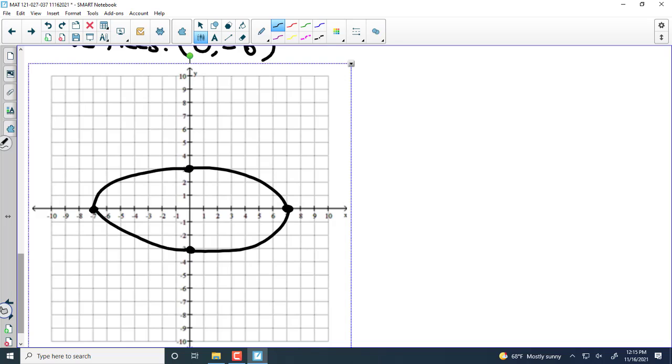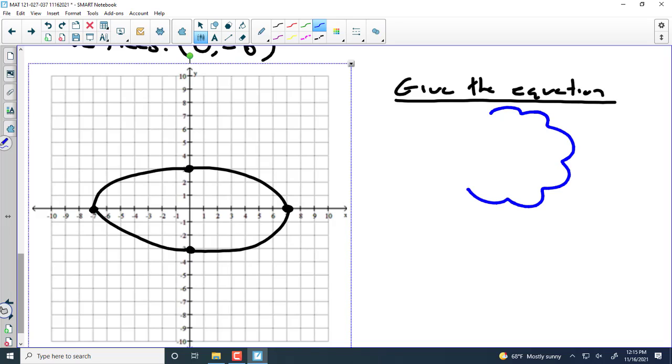Everyone, give me the equation that created that ellipse. If you don't know where to start, that's where I start.